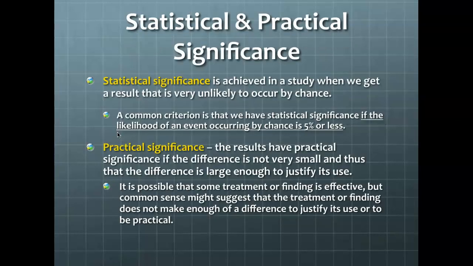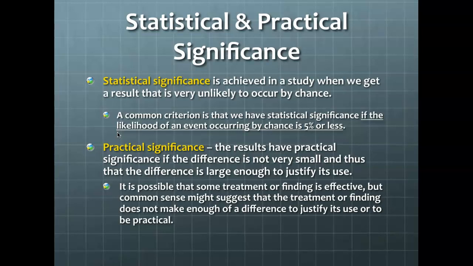What is statistical and practical significance? Sometimes we say the study has statistical significance, but it does not have any practical significance, and vice versa. Or the study can have statistical and practical significance, or neither. Statistical significance is achieved in a study when we get a result that is very unlikely to occur by chance.